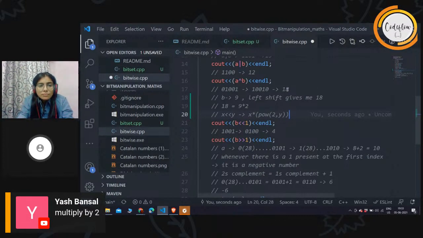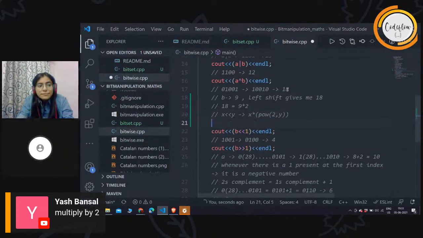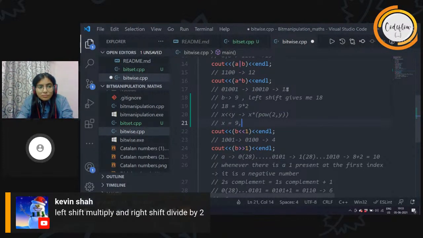So what you do is x into 2 to the power y. Over here, what is x? In my question x is b, which is 9, and y is equal to 1. So that means I need to do 9 into 2 to the power 1, which is 9 into 2, 18.